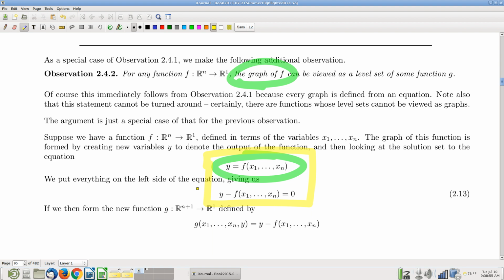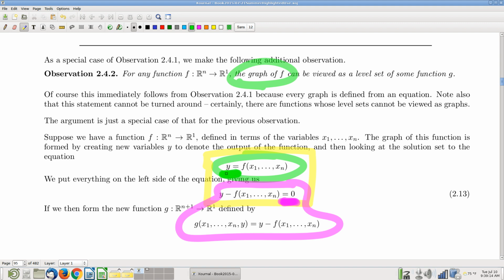And notice what this is. Here we are clearly looking at a level set of this other function, right? Level set because something equals 0. So when I write the equation this way, y equals, that's what makes this a graph.